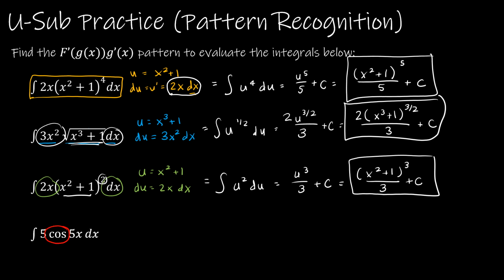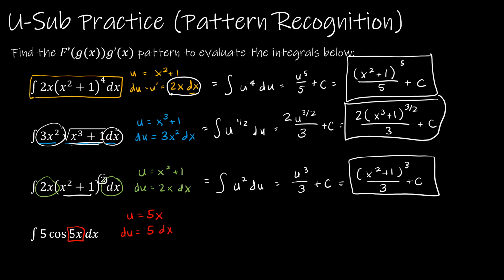If I'm looking at the trig function of cosine of 5x being u, then the derivative of cosine of 5x would be negative 5 sine of 5x. And notice there's no sine in this function. So don't take u and have it be the function of cosine. Instead, let's let u be 5x, because then du would just be 5 dx.